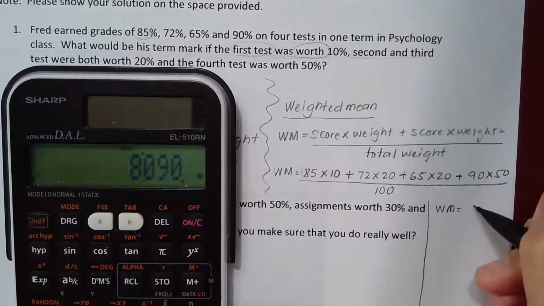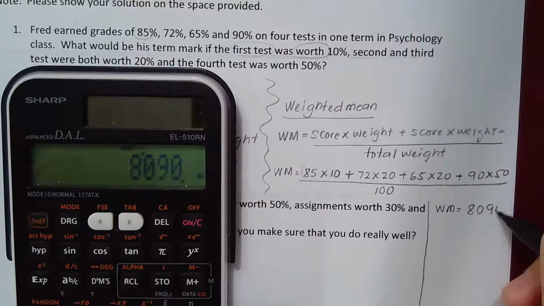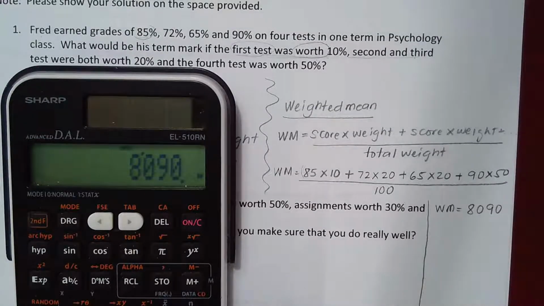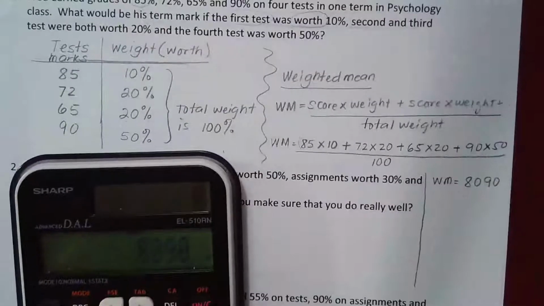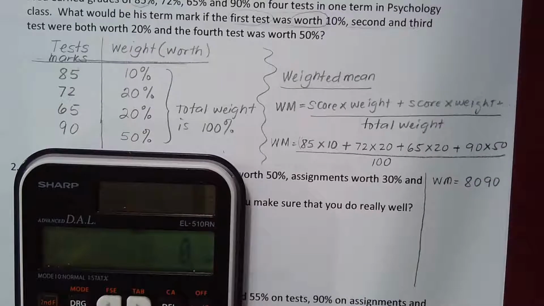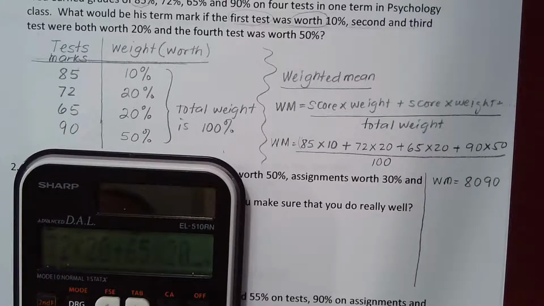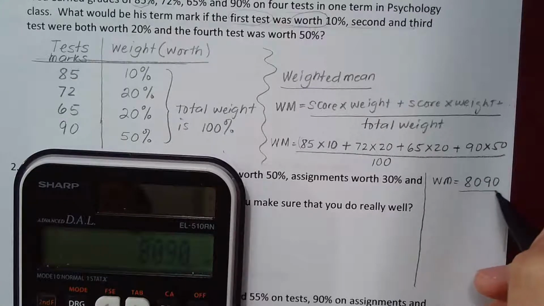And I got 8,090. Multiplying each one, I'll try that again just to double check my work. Yes, 8,090, and then we're going to divide it by the total weights, which is 100.